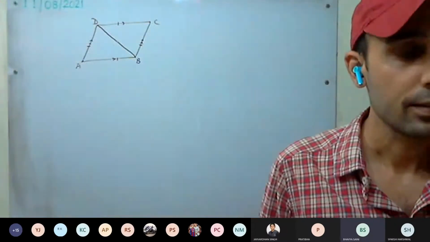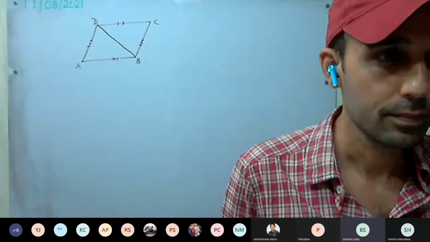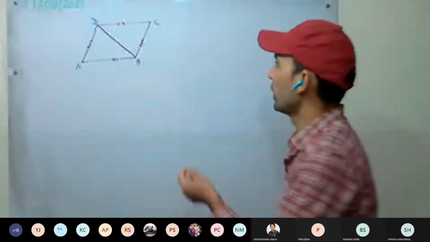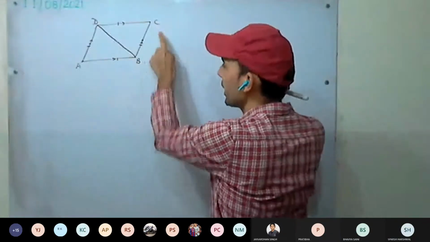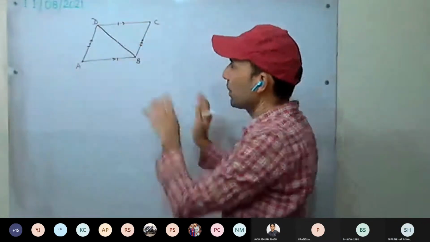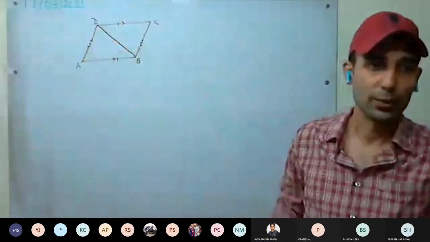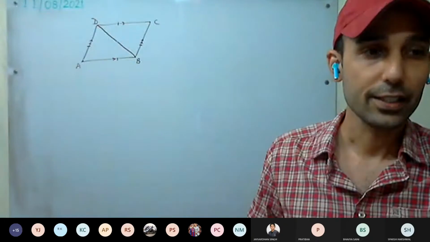Can we rotate the figure also? You can rotate. That's up to you how you draw. You can draw this way, any way you can draw a rhombus. You can start from here. But mainly we go anti-clockwise, and this way we usually draw. But it's not the rule.